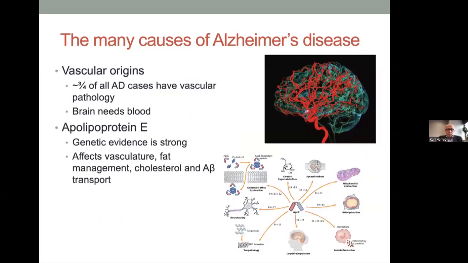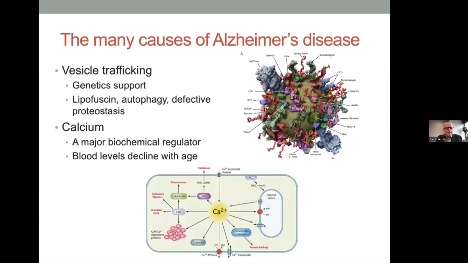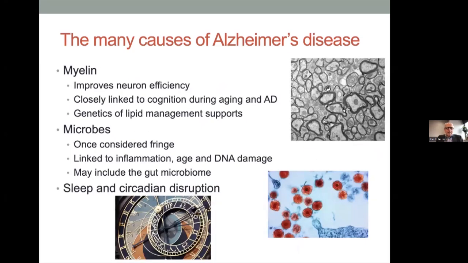Vascular dementia is a very frequent comorbidity of Alzheimer's and probably contributes to the stress leading to it. Apolipoprotein E has just recently been described as having a new type of Alzheimer's driven by ApoE. Vesicle trafficking is hugely important. Calcium dynamics.